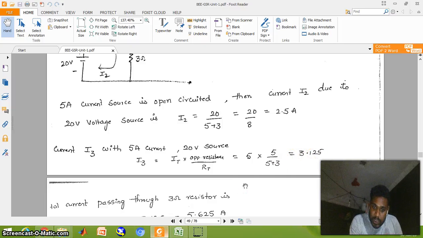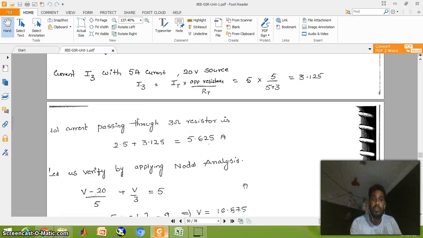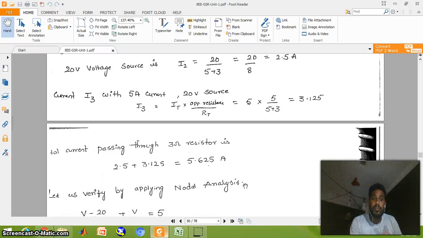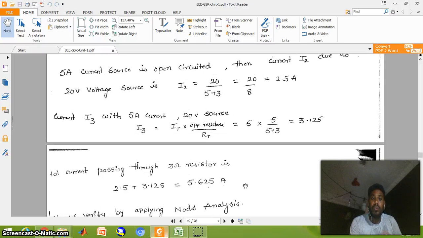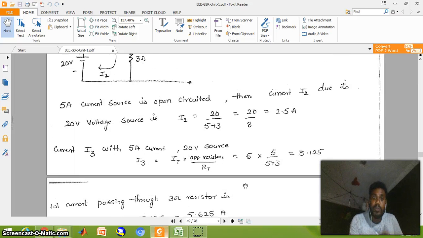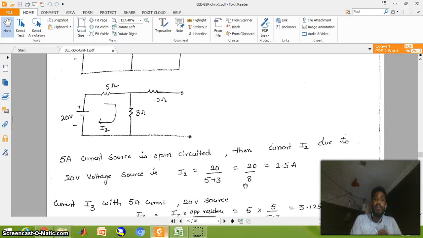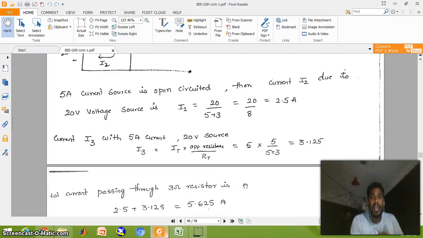According to the superposition theorem, the current through the 3 ohm resistor is the algebraic sum of the case 1 current and the case 2 current. Here the case 1 current and case 2 current are in the same direction, so that is the reason both are adding.